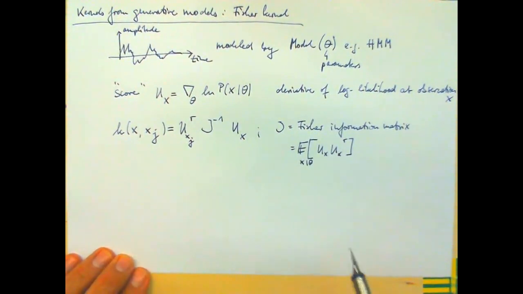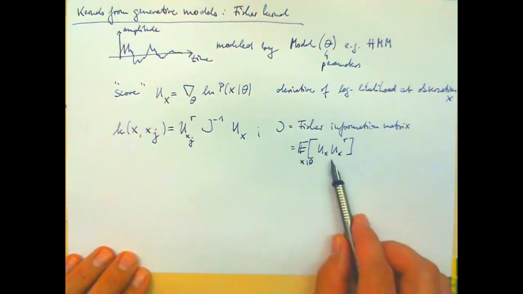So it's the expectation of the outer product of the score with itself.